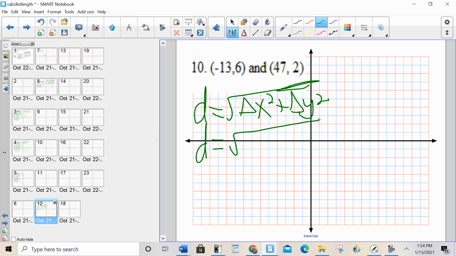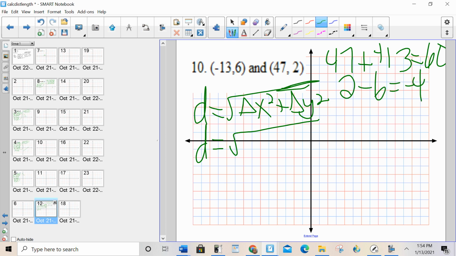Whatever you get, you're just going to make positive. So for the x's, it would be 47 minus negative 13, which is 60. And for the y's, it would be 2 minus 6, which is negative 4. Since I'm squaring it, it's going to become positive, so you could just put in 4. It's really not a big deal.